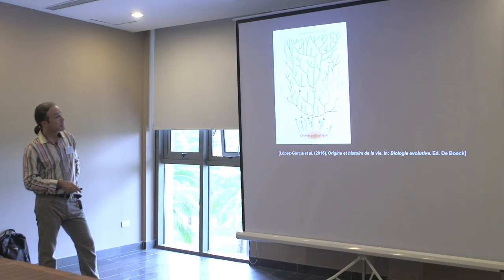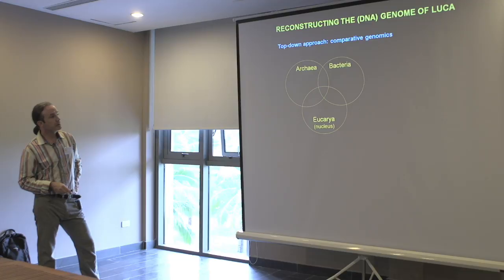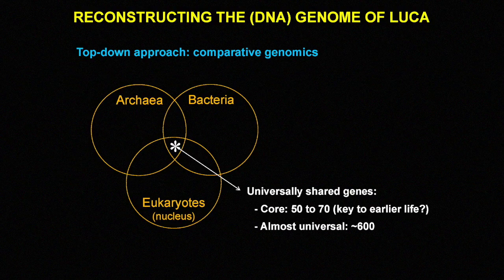By the way, what do we know about LUCA? Only a couple of slides about it. To go to LUCA, we have to use the top-down approach. So what you do is you get the genetic information present in all archaea, bacteria, and eukarya, compare it, and say, okay, the shared genes could have been present in the ancestor.